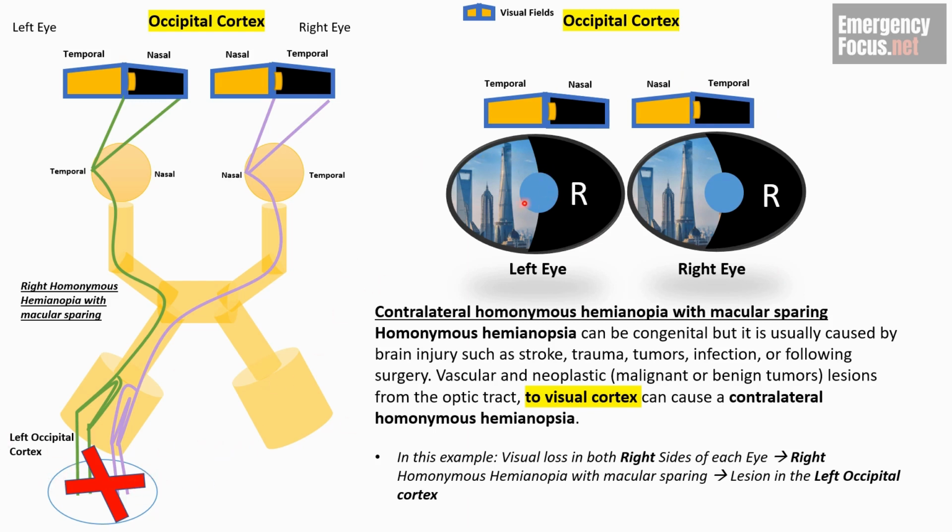And if we have this macular sparing, we're talking about the occipital cortex. There are a few different hypotheses about this. One of them talks about the fact that the macula has a vast area in the occipital cortex, and it might be also supplied by a different artery. There are many different hypotheses, but this is one of them.